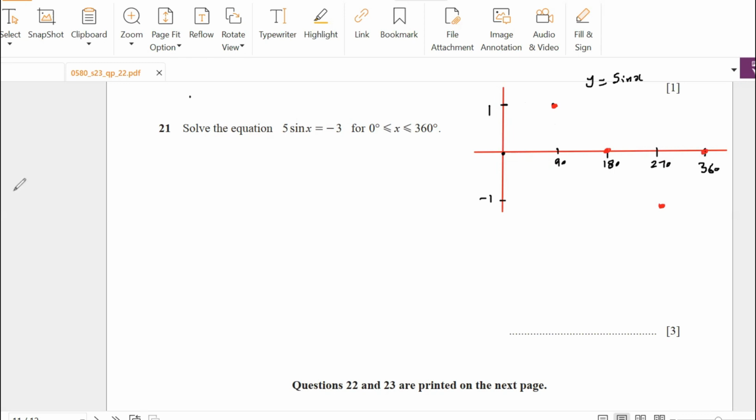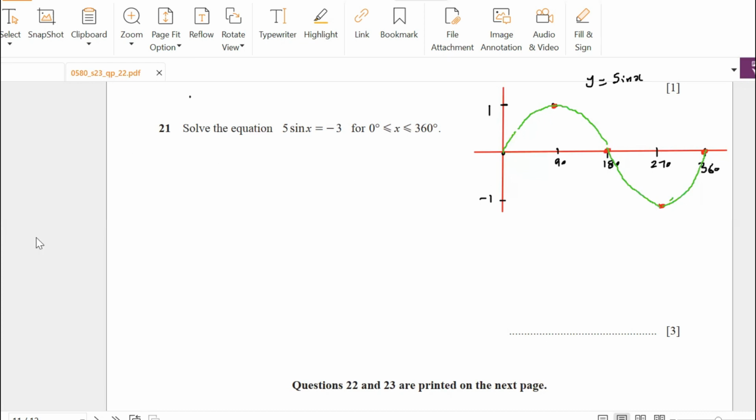So it means if you draw the curve, it is like that of sine curve that will help you in this question. And it says what? So 0 to 180 we have positive value of sine, and if you have any negative answer, so that can be in third and fourth quadrant, means 180 to 360.